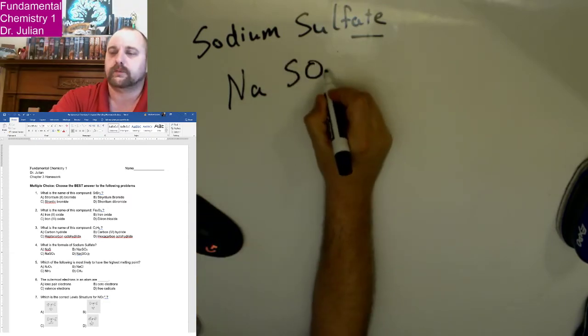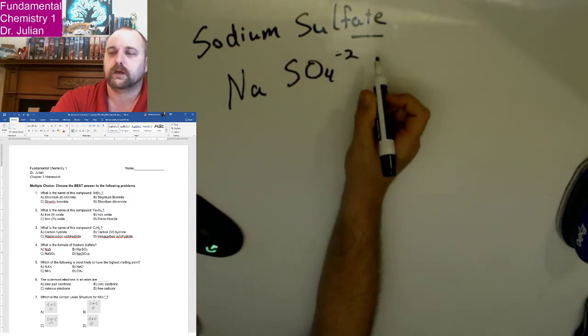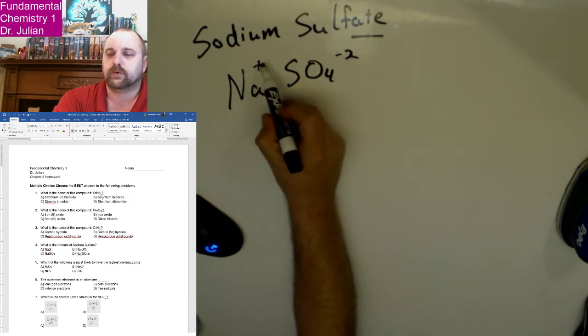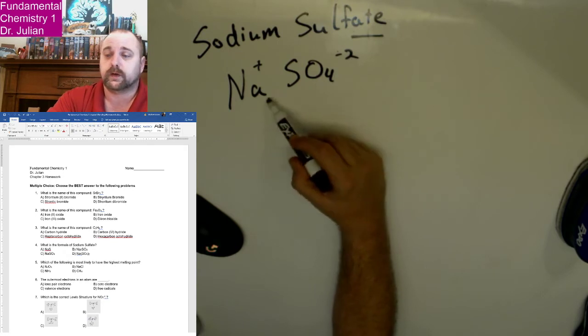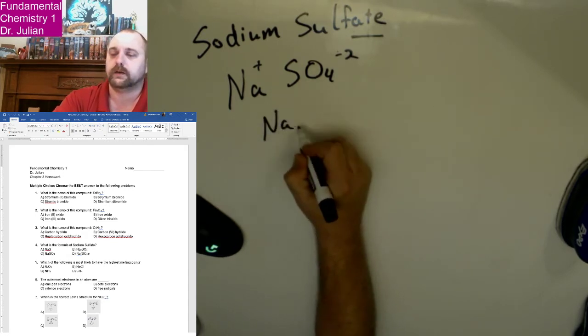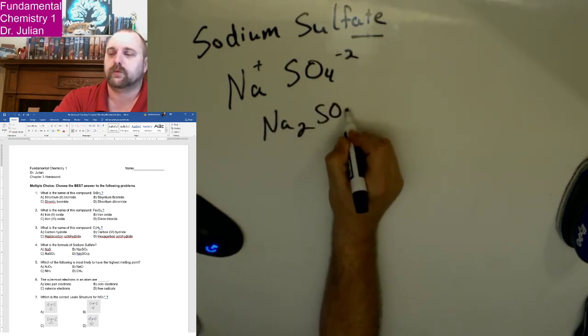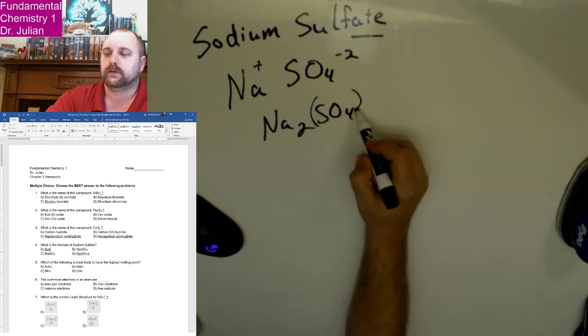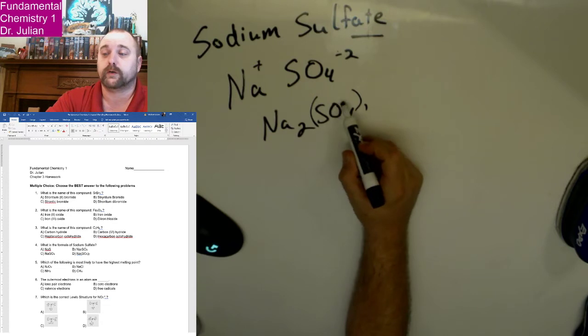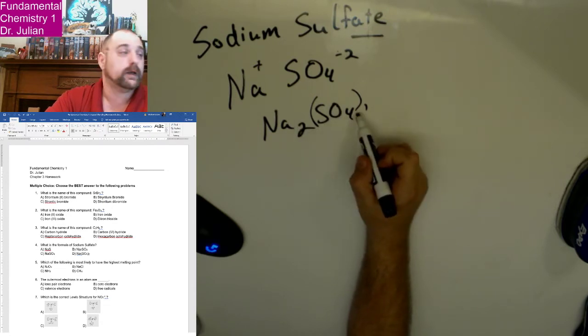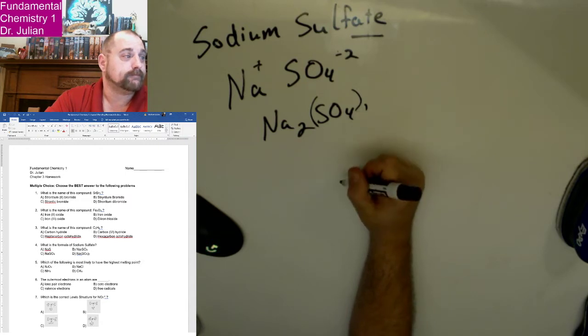And we need that -2 because sodium's in group 1. It's always a +1. And so I'll have to do my crisscross and Na2SO4. Remember, this is one of these, so I'm not going to reduce this ratio. This 4 is part of the polyatomic ion. So Na2SO4, and that would be B.